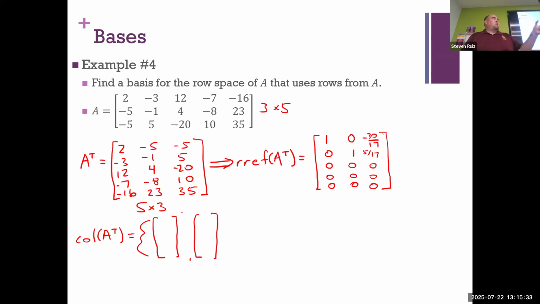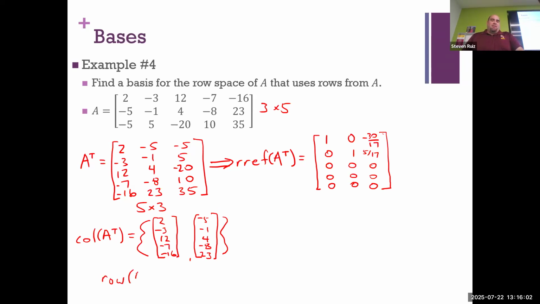If the pivots are in the first 2 columns in the reduced matrix, then we take the first 2 columns of the transpose: 2, -3, 12, -7, -16, and -5, -1, 4, -8, 23. The last thing to worry about, though, is that we were asked for a row space and we gave columns. So let's do this.